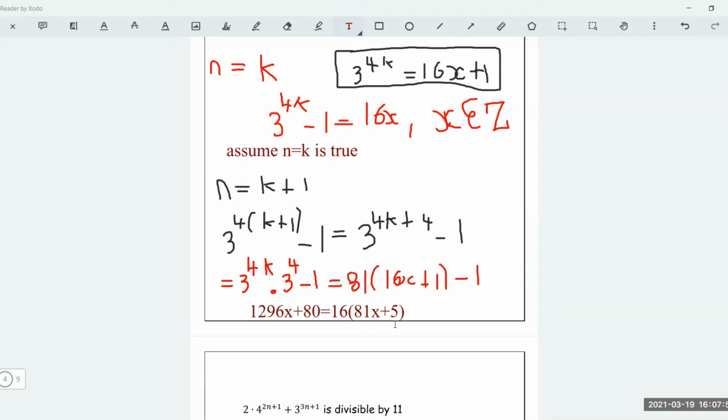And so therefore n equal k plus 1 is true. Since n equal k plus 1 is true, good. You just write your conclusion somewhere right here. Then you conclude.